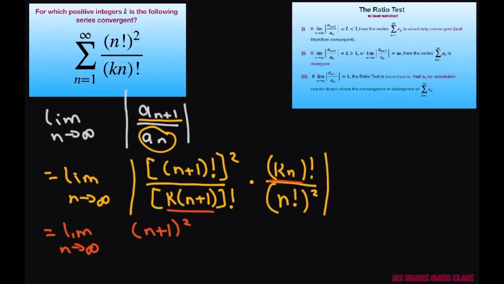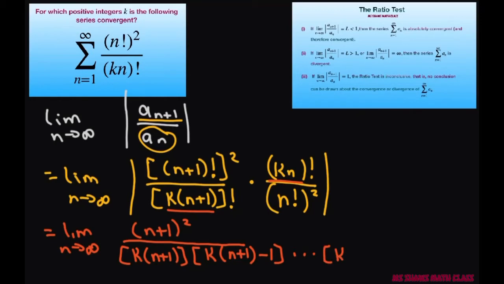For the denominator, what you're going to get is k times (n plus 1), and then k times (n plus 1) minus 1, dot k n plus 1. All right, absolute value.